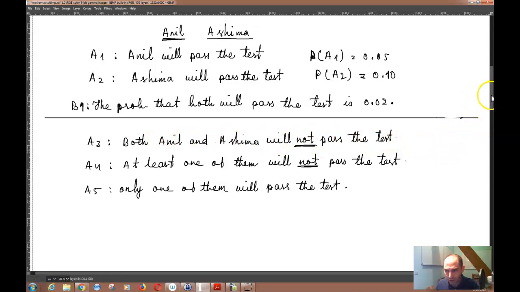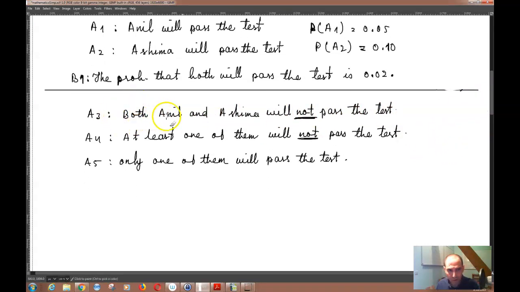When I say both of them will not pass the test, there are many different ways that I can think about this. So I could take this statement as, for example, both Anil and Ashima will pass the test.